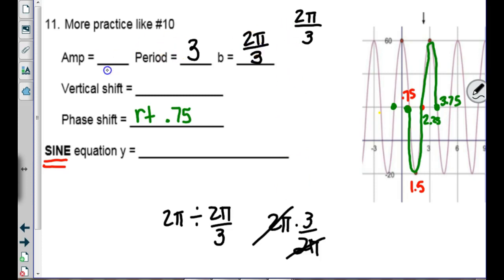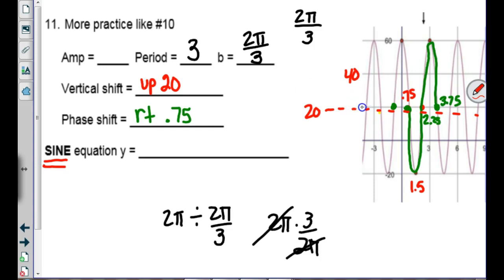Amplitude or vertical shift, either one, anybody? Here's the midline. Can you tell what that's supposed to be? Negative 20, 0, positive 20, 40, 60. Is that looking good? So the vertical shift is what? Vertical shift is where the midline is, so it's up 20.